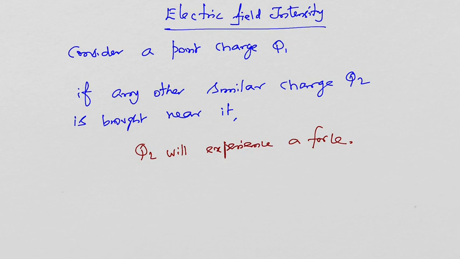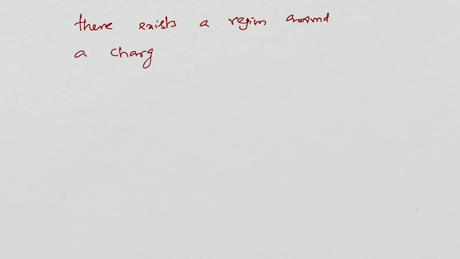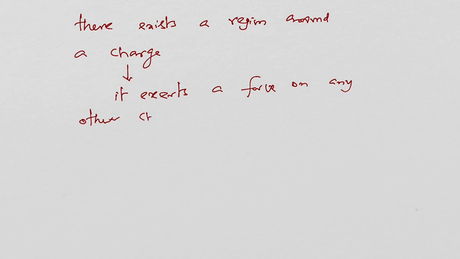So, we come to a conclusion that there exists a region around a charge, around Q1, in which Q1 exerts a force on any other charge brought nearer to it.